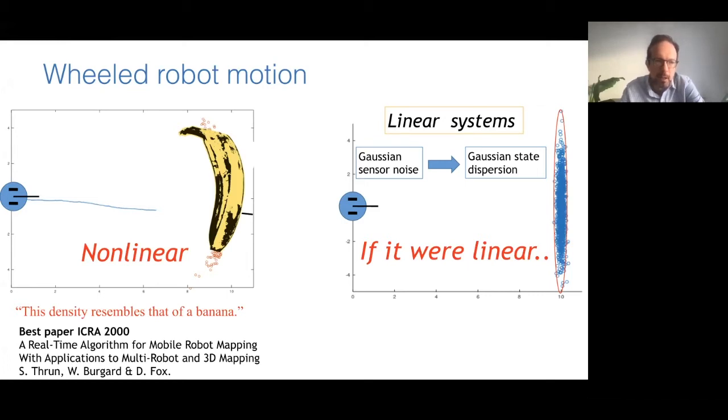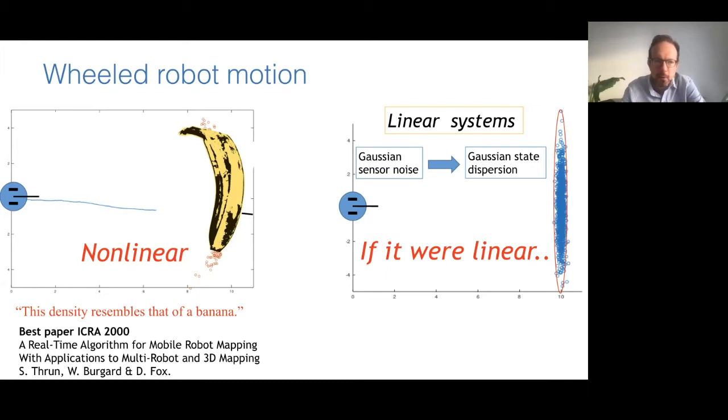This was noticed early in a well-known ICRA paper by Thrun and co-authors when they discuss this dispersion in robotics, and they say it resembles a banana, and they come up with solutions based on particle filters to capture this dispersion.